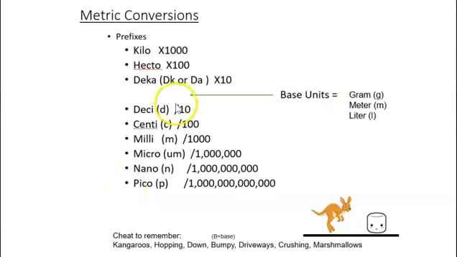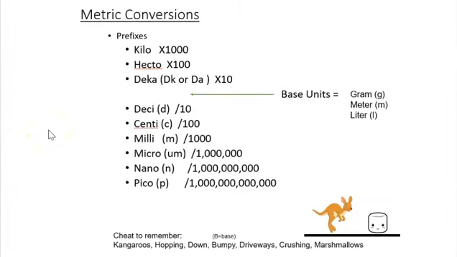Also, there's the base units, and the base units will fall in this area in between deca and deci. And remember, your base units for the metric system are gram, meter, and liter. So all these different prefixes can be put in front of your base units, your grams, liters, and meters.